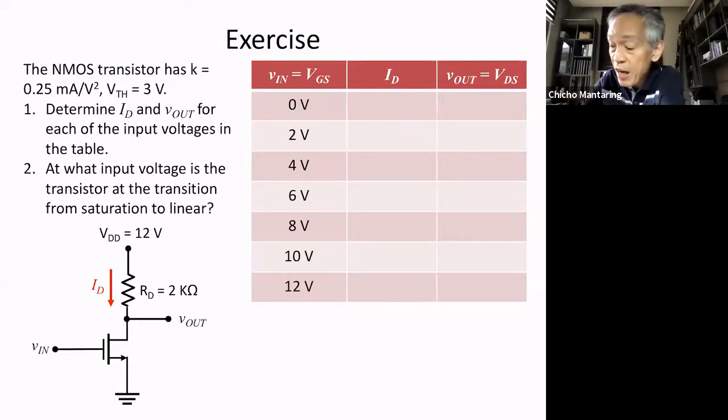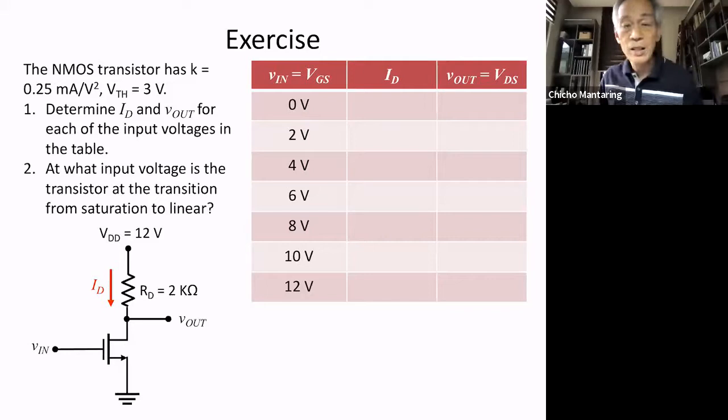For what value of Vin will the transistor be on the verge of shifting from linear to saturation, or from saturation to linear?